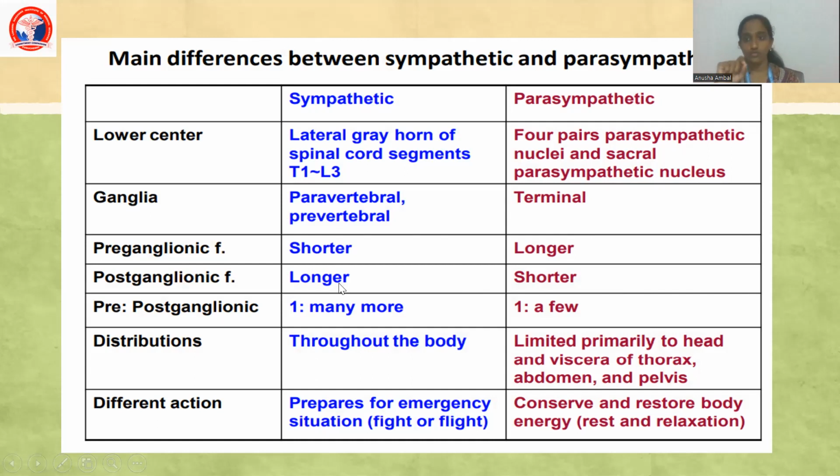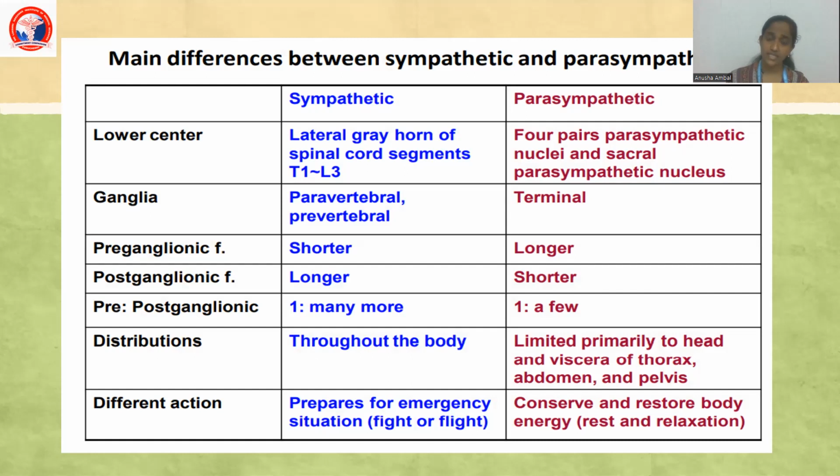And it does not always mean that there is a 1:1 ratio between the preganglionic and the postganglionic neuron. In sympathetic, for every preganglionic neuron, there will be many postganglionic neurons. In parasympathetic, for one preganglionic neuron, there are at least a few postganglionic neurons.